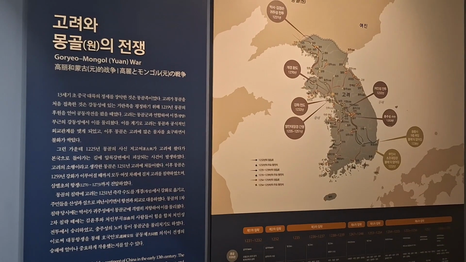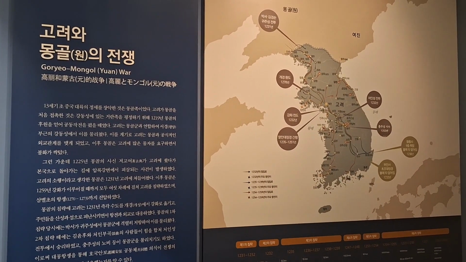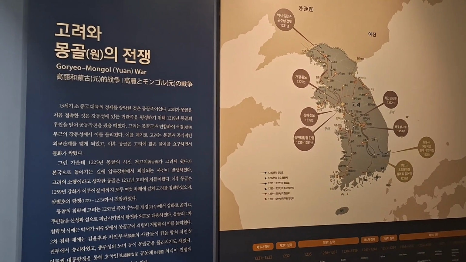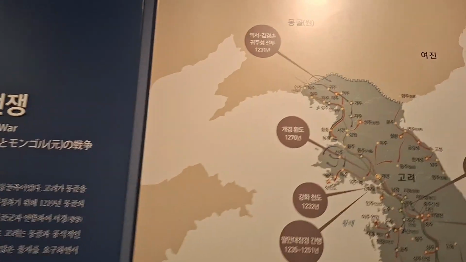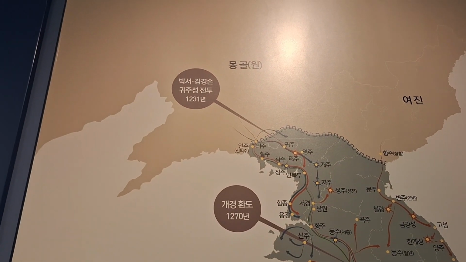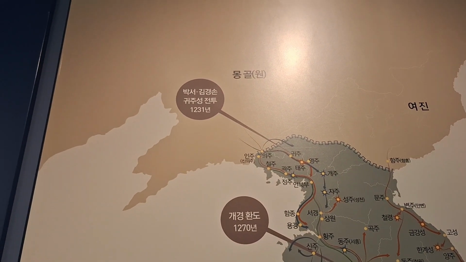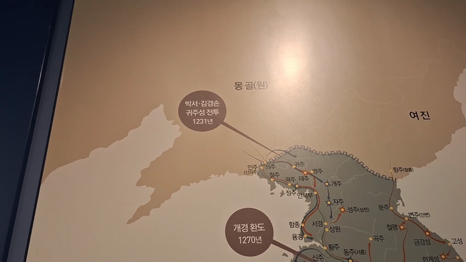Okay, so we'll start the historical stuff with the Mongol invasion. Originally, the Koreans, the Goryeo of the north, was having problems with a neighboring people, the Manchus. At the time they were called, in Chinese, the Jin, and in English, the Khitan.